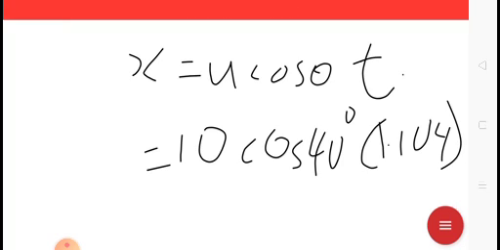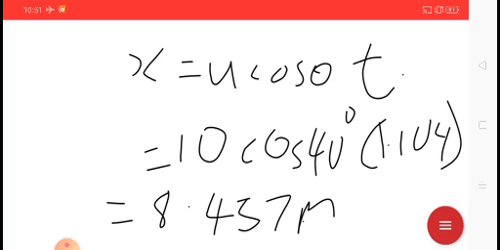Okay, so if you calculate 10 cos 40 times 1.104, you get 8.457 meters.